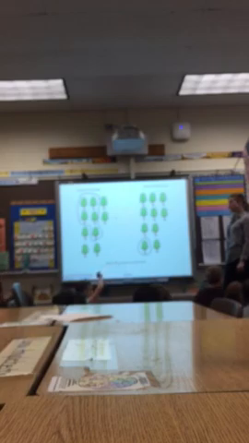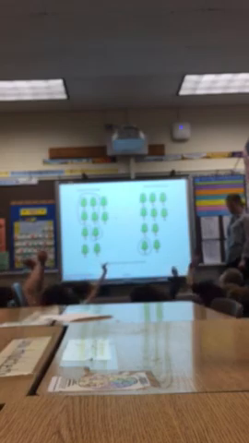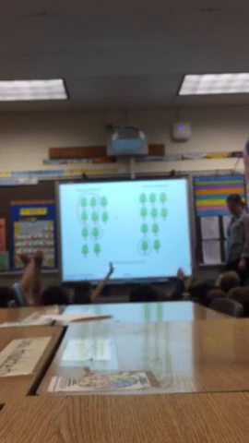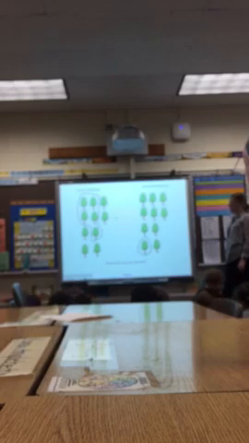Which fraction has less trees? Cooper? 1/10. What do you notice about the fractions as the number on the bottom gets bigger and bigger?